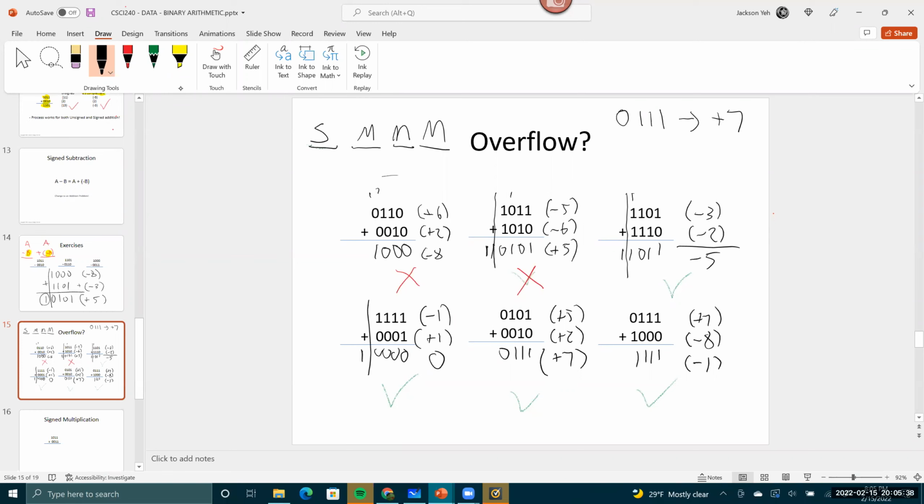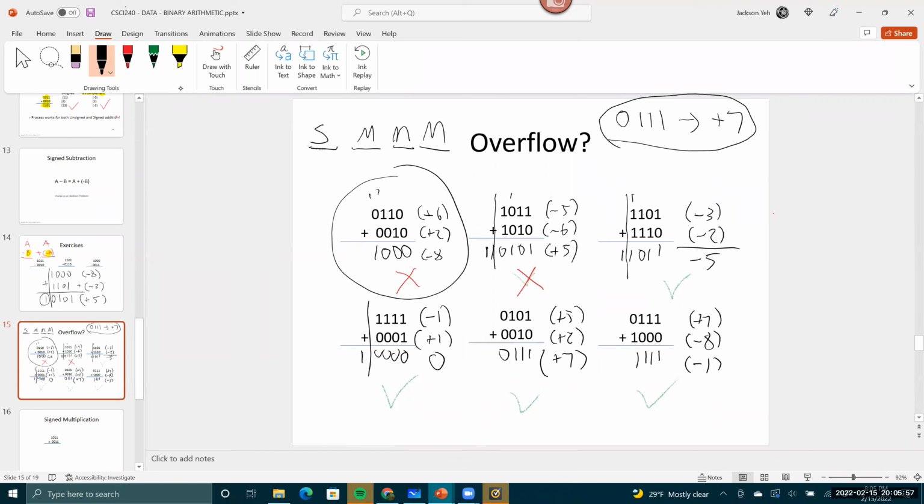Now, if we look at the first problem here, positive 6 plus positive 2, what should that store? It needs to store positive 8. Can you store positive 8 using 2's complement? You can't, right? Because with 2's complement and 4 bits, the largest positive value is positive 7. So you ran out of bits. Does everyone understand that? Even though there are 4 bits here, only 3 of them are used to represent your magnitude.